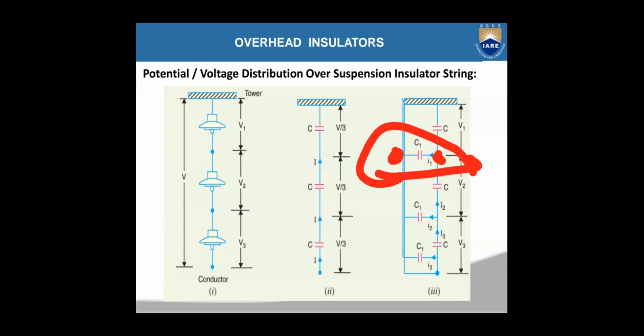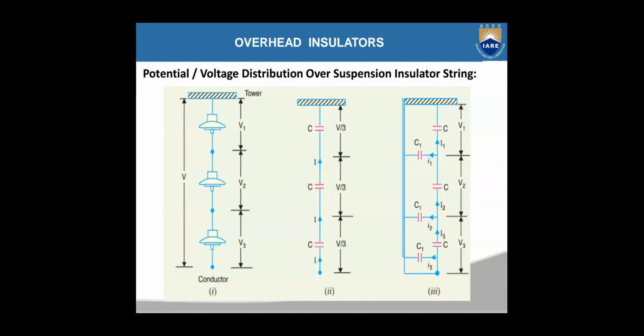Between two discs you have a metal link, and between that metal link and the tower you have air as the dielectric medium. So there will be some capacitance between your tower and the metallic link. Due to this capacitance, the current flowing through each disc is not the same.